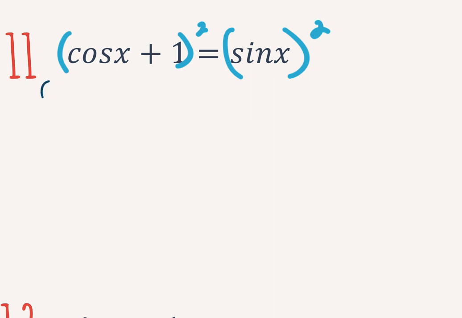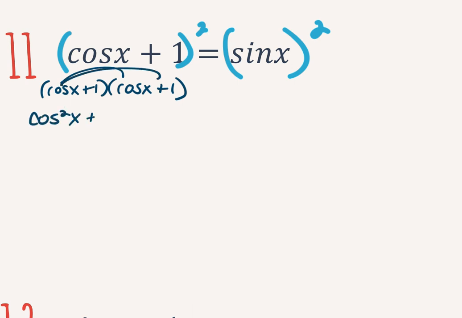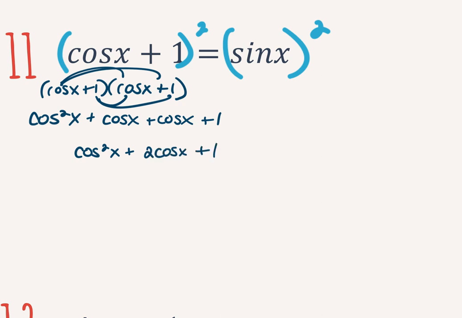If we expand and FOIL, it'd be cosine x plus 1 and cosine x plus 1. I do cosine times cosine, which is cosine squared. Cosine times 1, which is cosine. 1 times cosine, which is cosine. And 1 times 1, which is 1. And I'd get cosine squared x plus 2 cosine x plus 1.